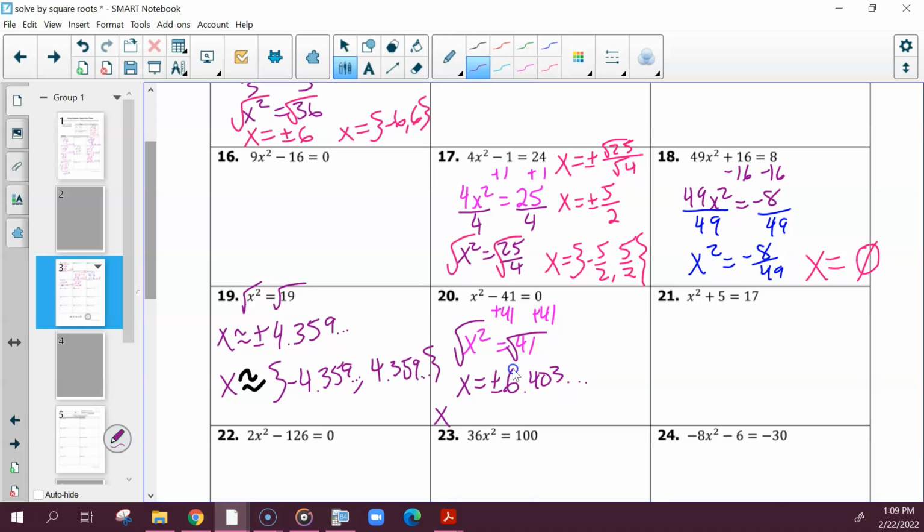So this would be about negative 6.403 and positive 6.403.